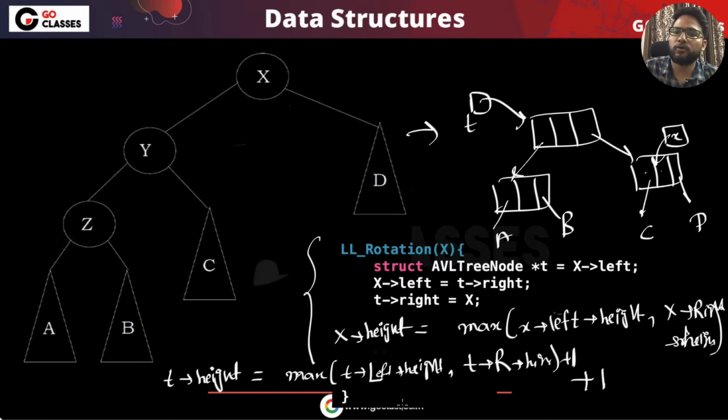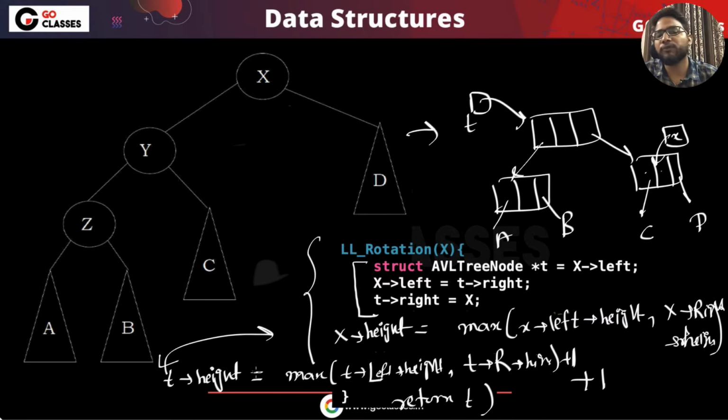Okay, that is how you can do it, and then you can just return t. So basically these are just 2-3 lines of code to manipulate the pointers, and then you can update this x height and t height.